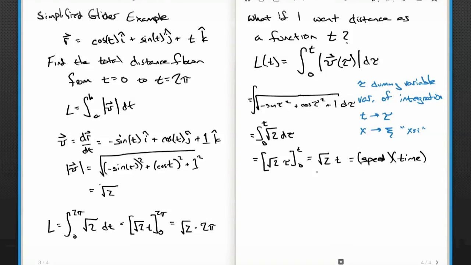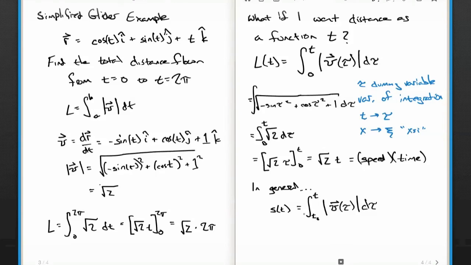So in general, we can say that the arc length as a function of time equals the integral from 0 to t, or we can even say from some initial time t0 to t, of the magnitude of the velocity function of tau, that needs to be a tau because I've already used t, d tau.